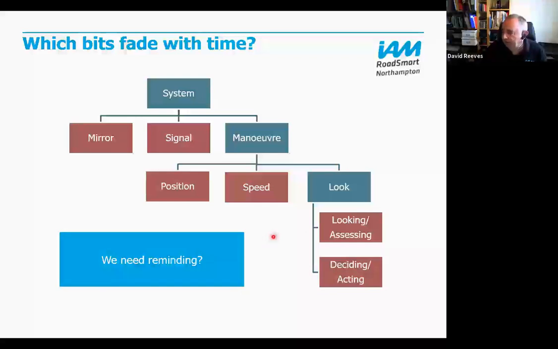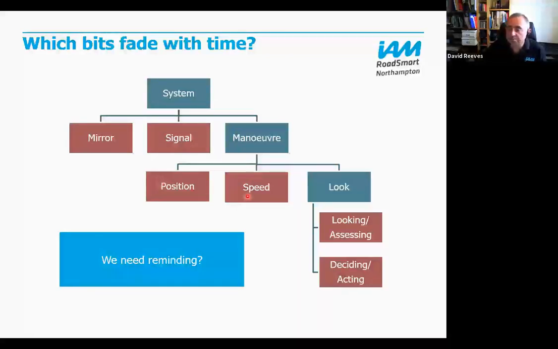think about if you had the average associate, the average trainee comes to you as an observer. I would contend that they use their mirror, but not as much as they should do. Their positioning is generally good, but not for all situations, and certainly not all the situations we might want to encourage them to change position from an advanced point of view. But generally, particularly roundabouts, they're generally okay.